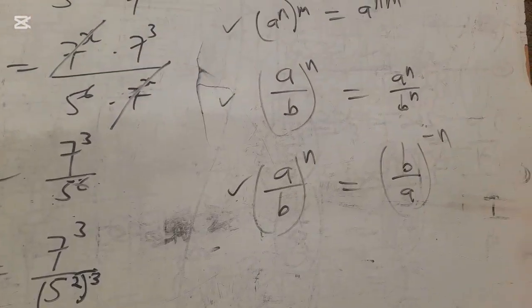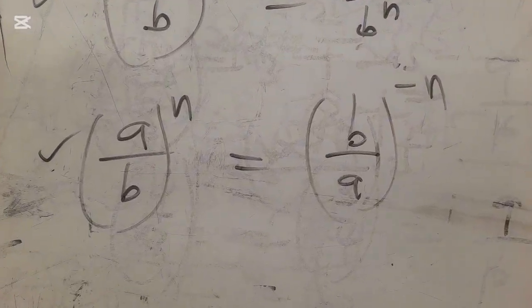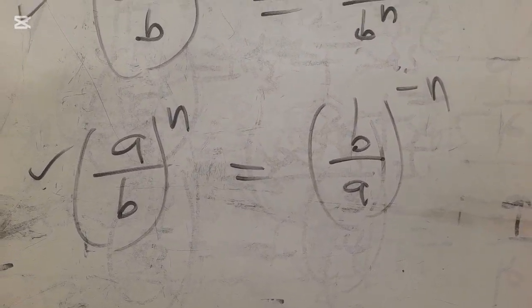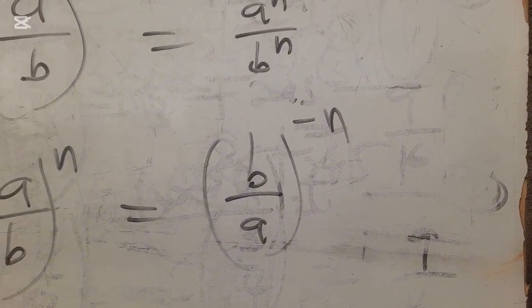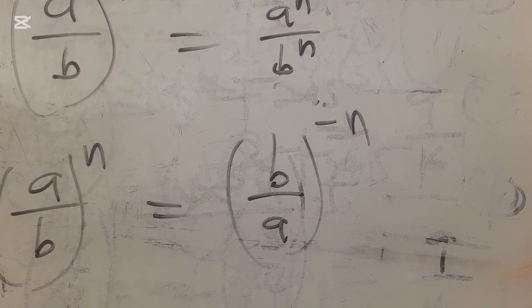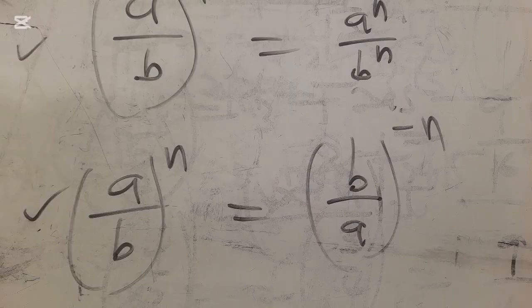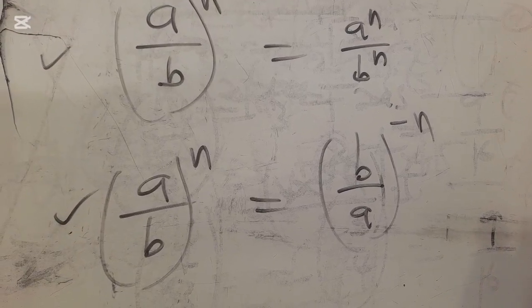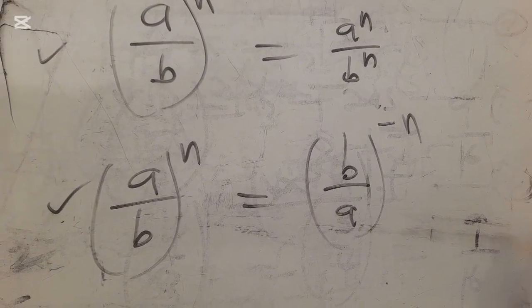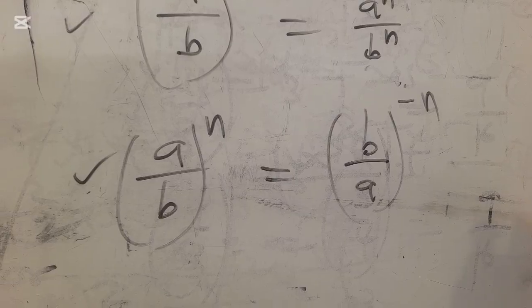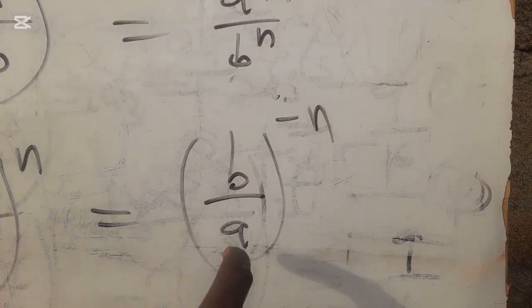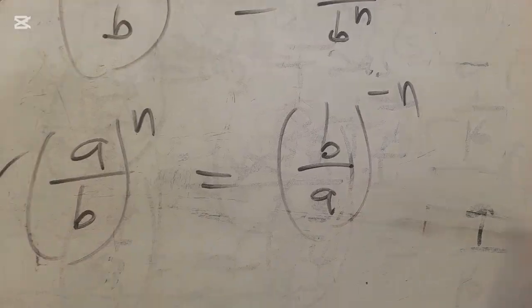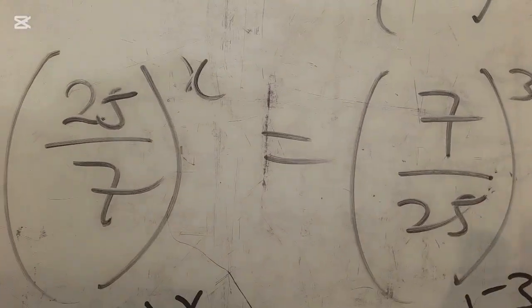The law again says that when you have a over b power n, it can be b over a power minus n. That is flipping the bases, finding the inverse of the bases, and the power will also become inverse. So a over b power n is equal to b over a power minus n. That is what is happening here.